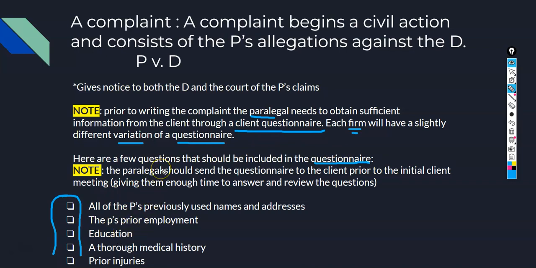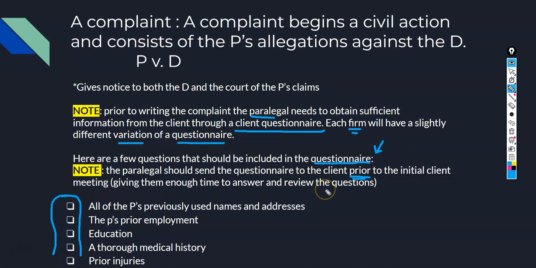So the paralegal needs to send the questionnaire to the client, very important, prior to the initial client meeting, which means before you even meet with the client at the first meeting, you want to get this questionnaire out to them and give them enough time to actually think about the questions and give you answers.